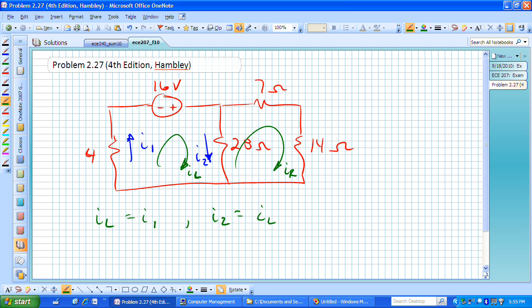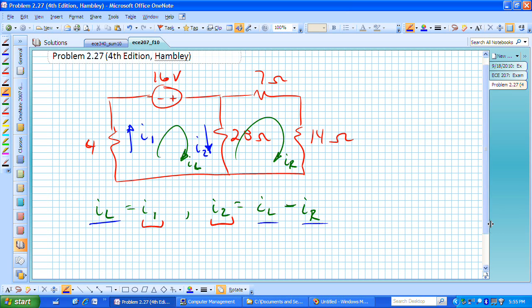I sub L supports that current, I sub R takes away or hinders that current flow, and consequently I sub 2 is going to be I sub L minus I sub R. So if we wanted to find I sub 1 and I sub 2, we could do it by simply finding I sub L and I sub R. If we did that, then the equations are not that difficult to write down.